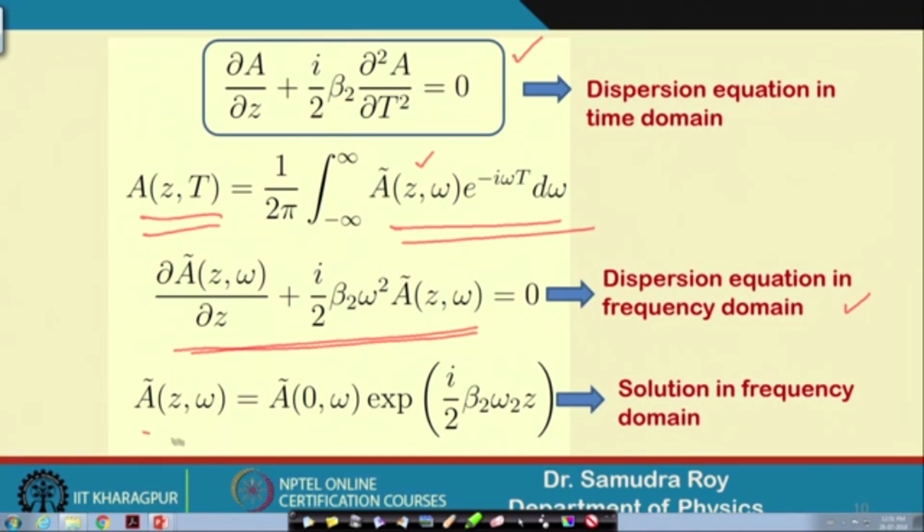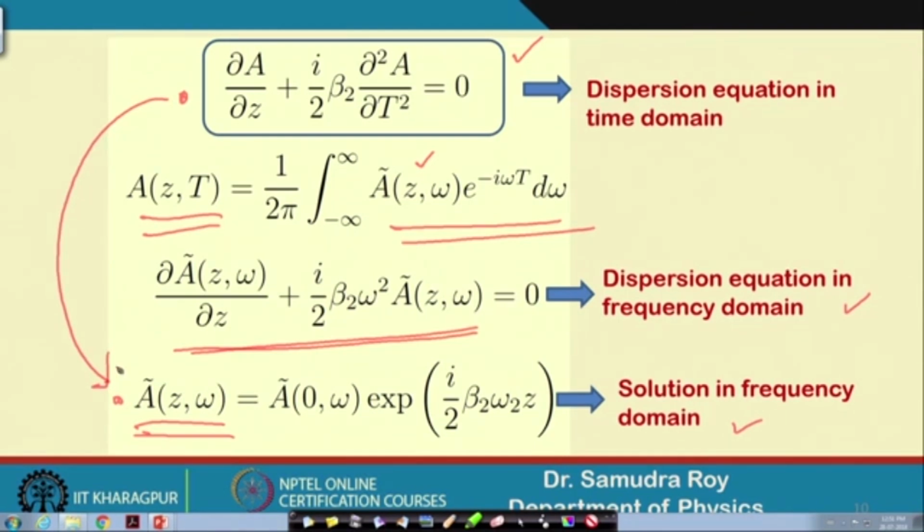So, we will have the value of A tilde (z, omega), and this is the quantity. This is the solution in the frequency domain. So, I have this equation in my hand and I have a solution, but kindly note that the equation is in the time domain, while the solution is in the Fourier domain.